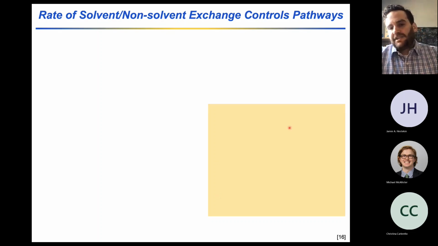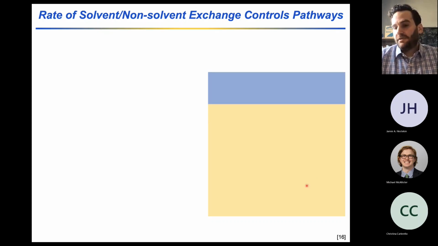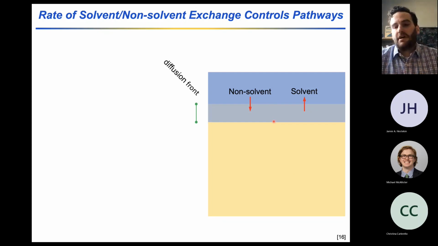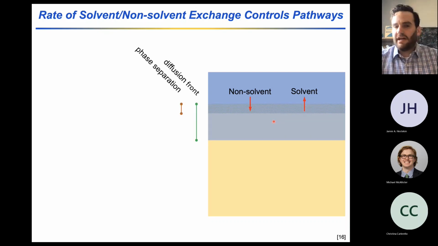And so let's imagine here on the right-hand side that this is our casting solution, and we plunge it into our non-solvent bath. And so then we have solvent non-solvent exchange, and this drives a diffusion front of non-solvent into the casting solution. Right, so that's that first arrow that we saw on the prior slide. And once that arrow goes through the binodal or through the spinodal line, and you have enough non-solvent present to cause the phase separation, then there's a phase separation front that lags behind the diffusion front.